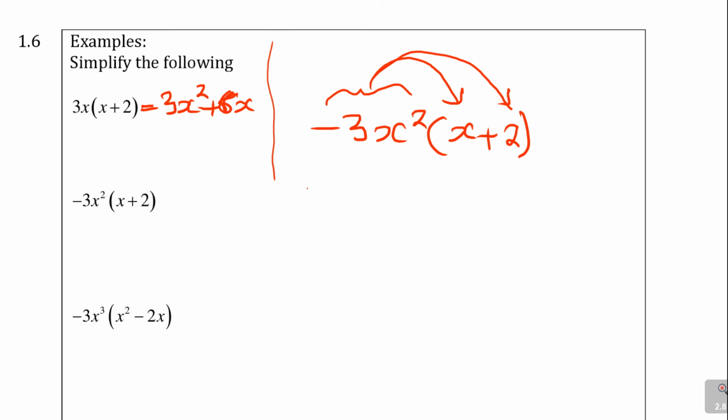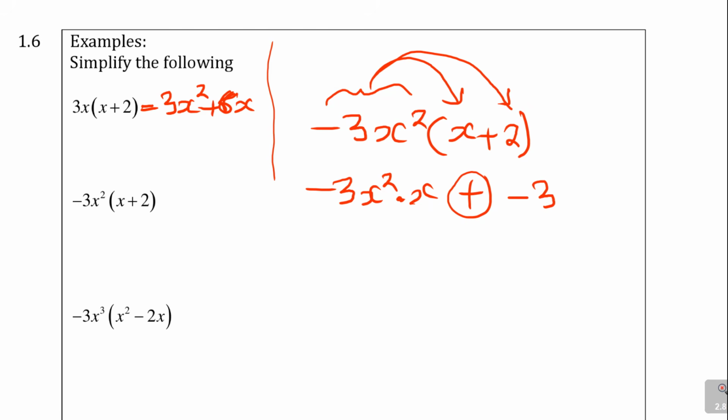So here we are saying minus 3x squared times x plus, I always say take out the plus. Don't worry about the signs. First of all, when you're multiplying to the next stage, put a plus. The plus here must always be there.